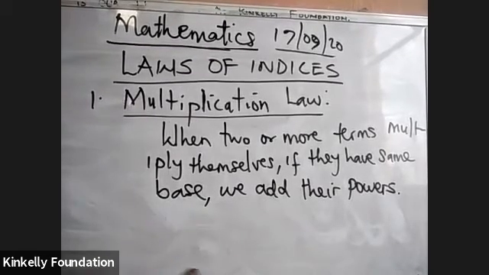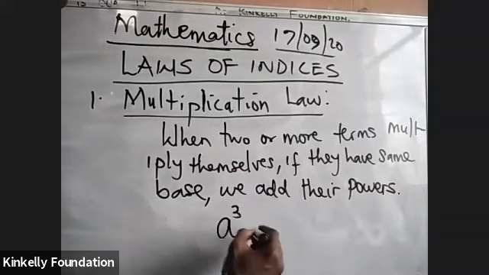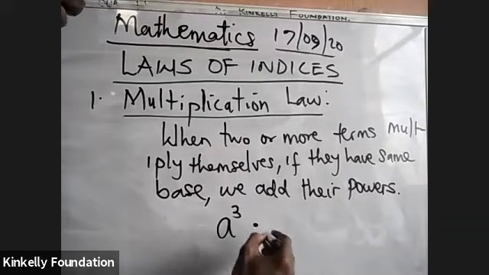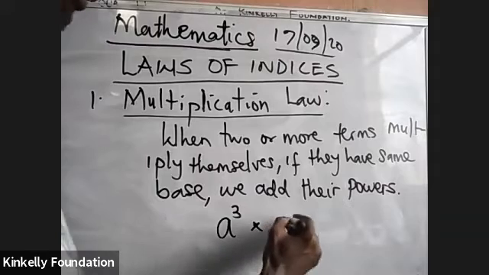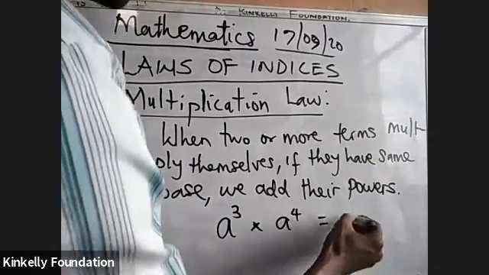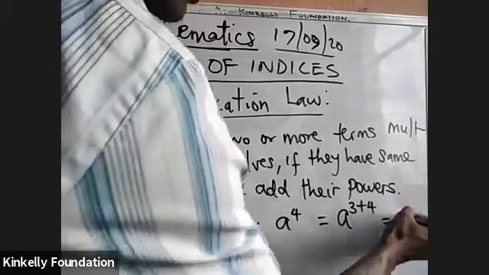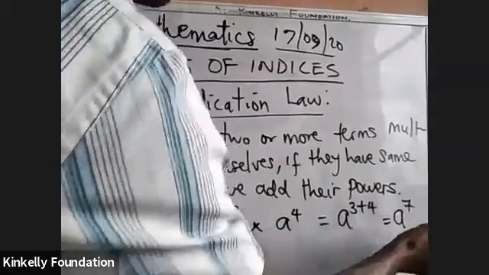What do we mean by that? Look at it, if you have A raised to power 3 times A raised to power 4, what we have will be A raised to power 3 plus 4 to give us A raised to power 7.